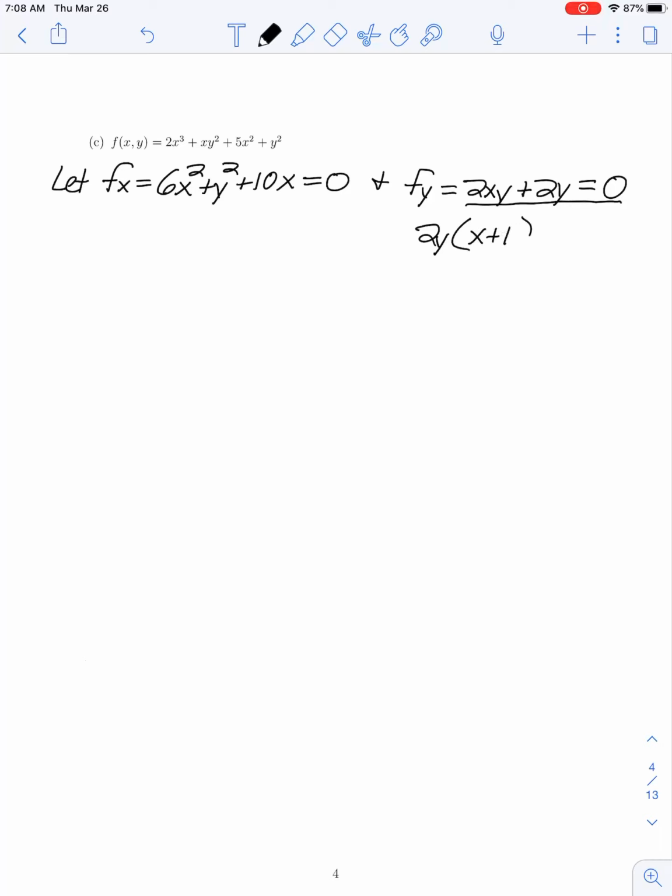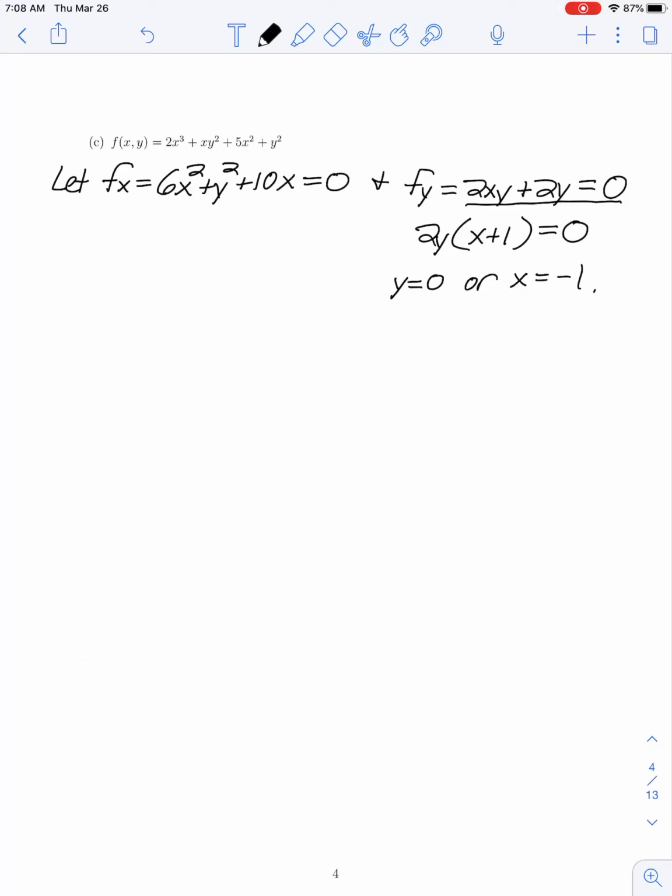To solve it, I could start by factoring out a 2y from each term, which would leave me with an x plus 1, and that product has to be 0. So there are two options to satisfy this equation: either y equals 0 or x equals negative 1.